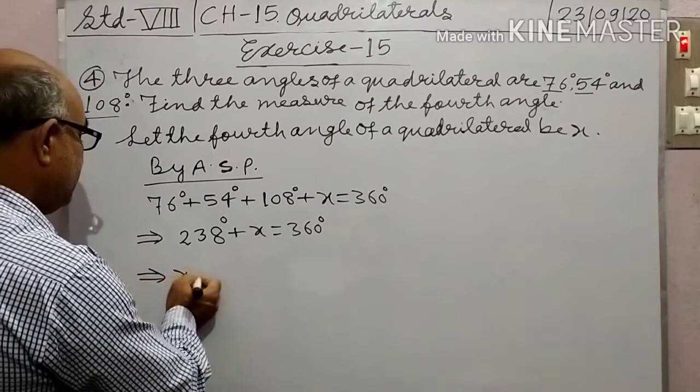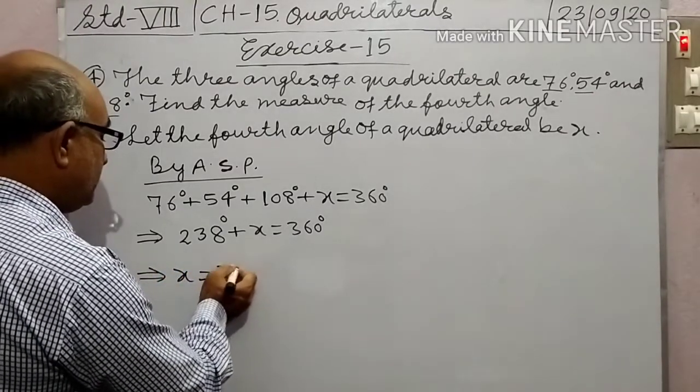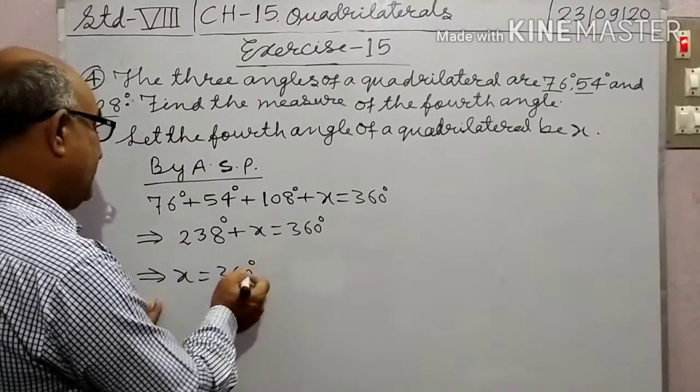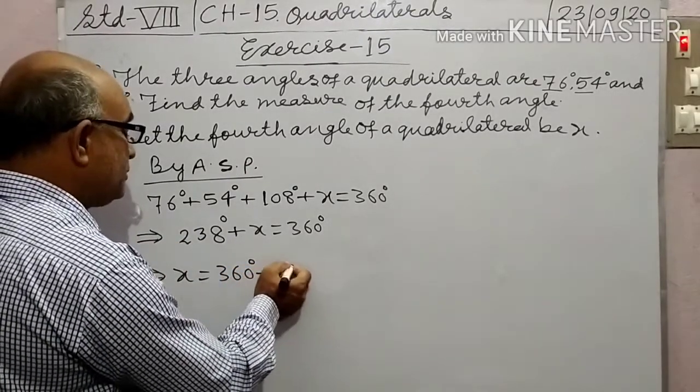That implies x equal to 360 degree, 238 degree by transposition change into minus.